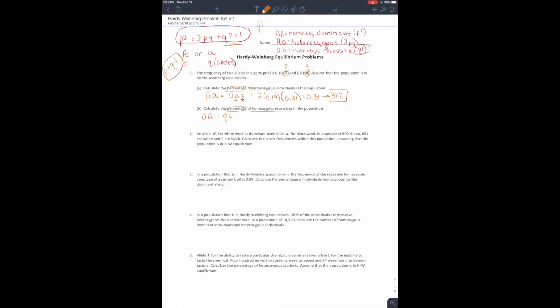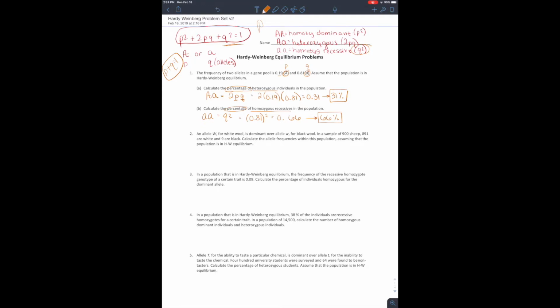So to calculate the percentage, we plug in that q value of 0.81 and square it, and again we get a decimal: 0.656, or 0.66, which translates to 66%. So the percentage of homozygous recessives in this population is 66%.